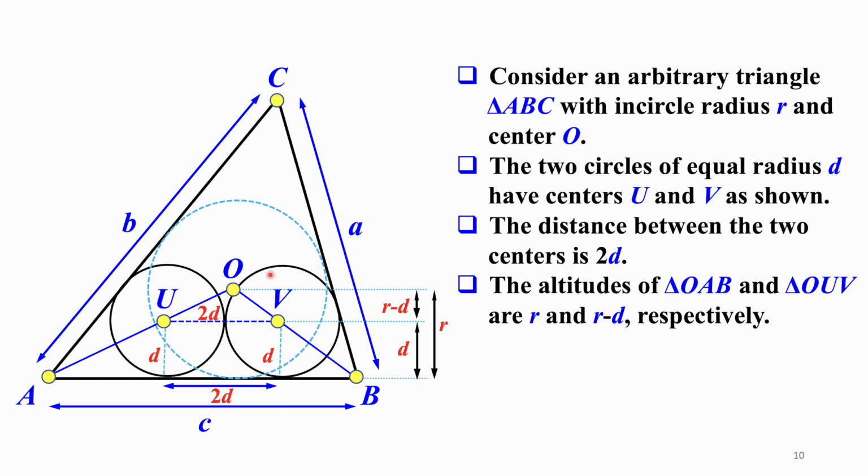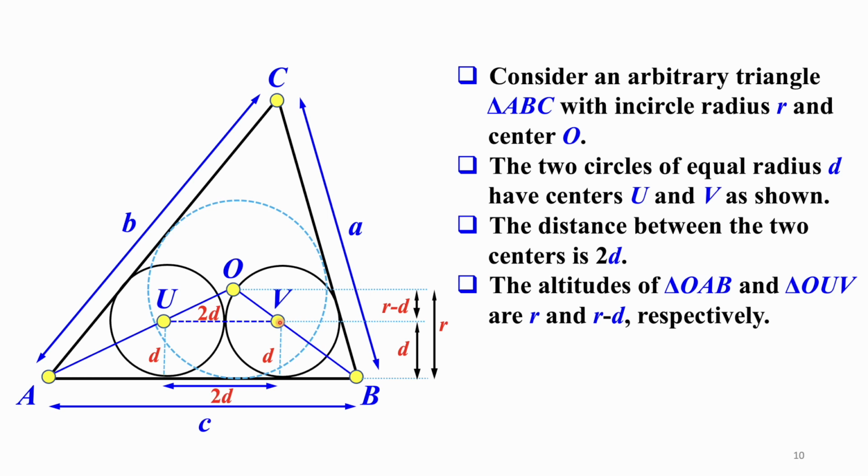In that way, we have to change these two equal radius circles to have radius D. So these two equal radius circles in this diagram are tangent to side C. Their centers U and V must be on the bisector of angle A and the bisector of angle B. These two bisectors intersect at the incenter O. Now, let's connect a line segment U and V. Because these two circles are tangent to each other with the same radius, this is going to be 2D.